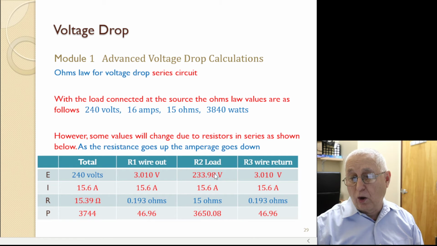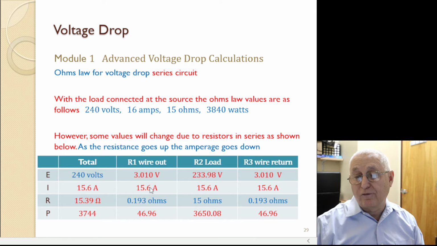On our load voltage drop, we have 15.6 times 15 ohms, which gives us 233.98 volts. And finally, we have the same value for the return wire as for the wire going out, a 3.01 volt drop. In our summation of power, P equals E times I, 240 times 15.6 equals 3744 watts.